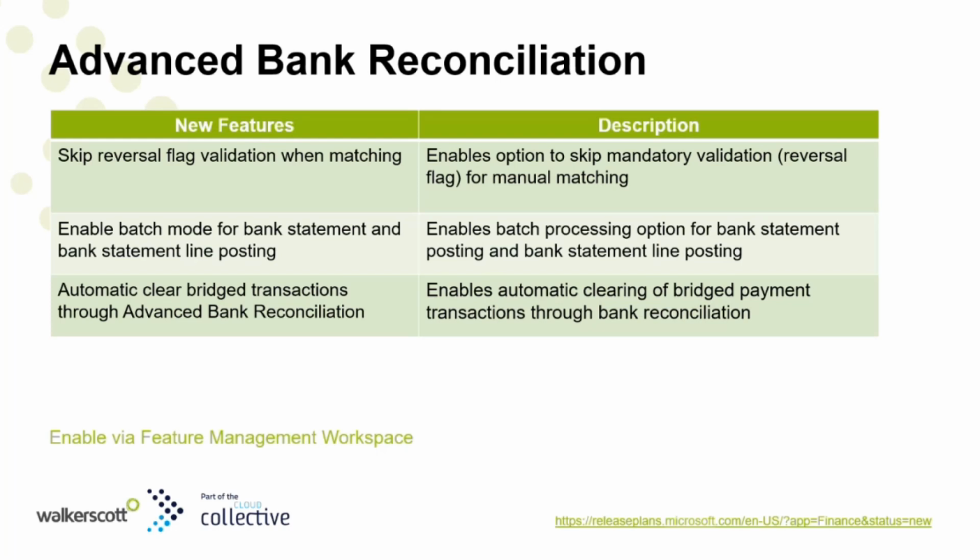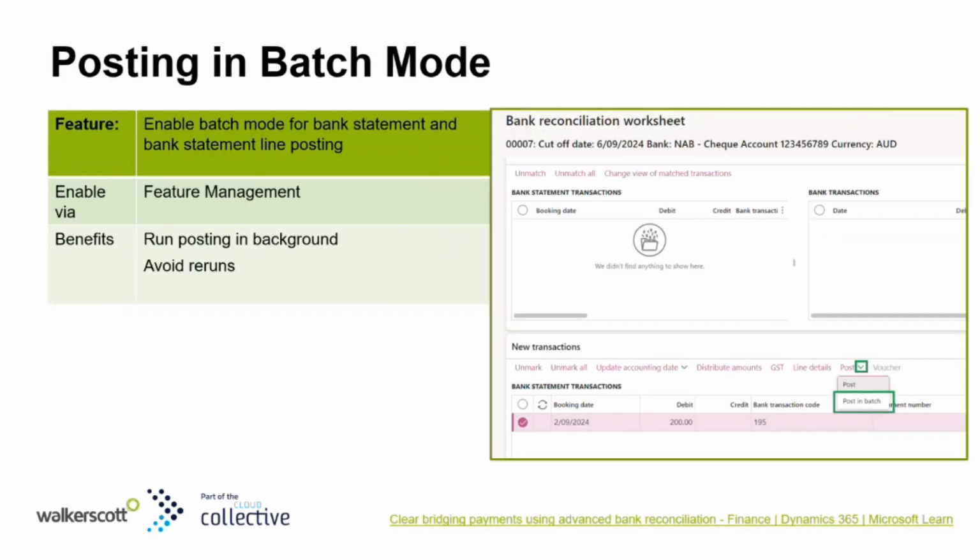The next one is enable batch mode for bank statement and bank statement line posting. This is quite useful. There were instances where transactions are marked as new, and previously you would see this post button. Depending on the volume of transactions under this section, it could take a long time to post, and the session could time out, which would mean that the user would have to come and do that process again.